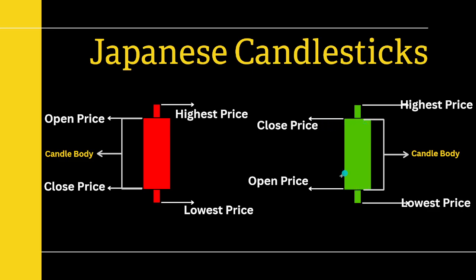And the lowest part it has reached is this, and the highest price it has reached is this. That is what a candlestick tells us, and that is why a green candlestick is determined by the open price at the bottom of the candle body, and the close price on the top of the body.